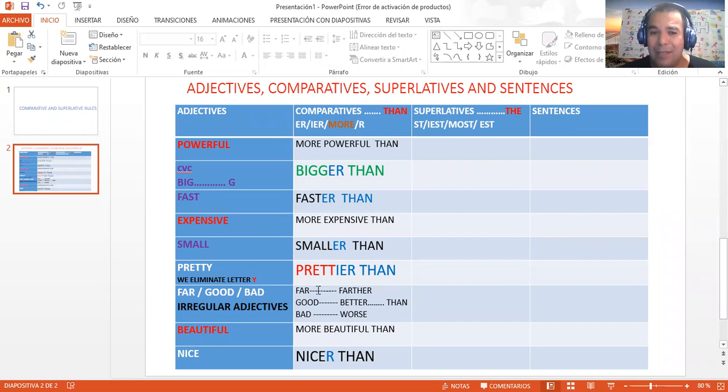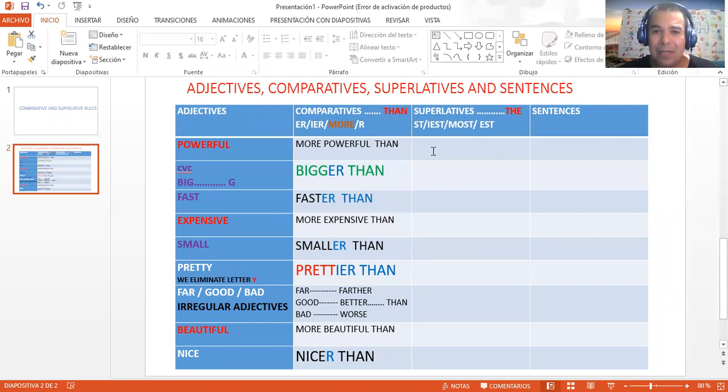The comparative for far is farther, the comparative for good is better, and the comparative for bad is worse. And all of them are going to be farther than, better than, worse than. And the last one, which is nice, already has a letter E. So for that one, we just add R. That's why we have the letter R right here: nicer than.